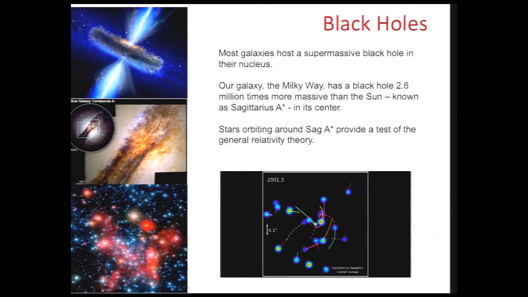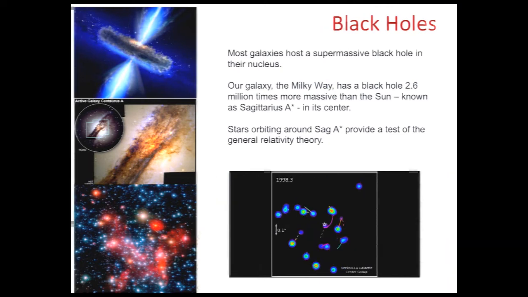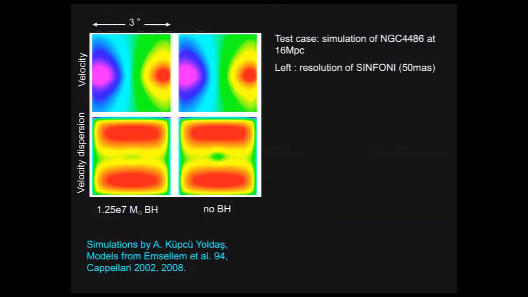The study of black holes, both in our galaxy and in other galaxies, will provide us ways to test general relativity theory, and this is something that is a very exciting and important science case for most, in fact for all of the extremely large telescopes.